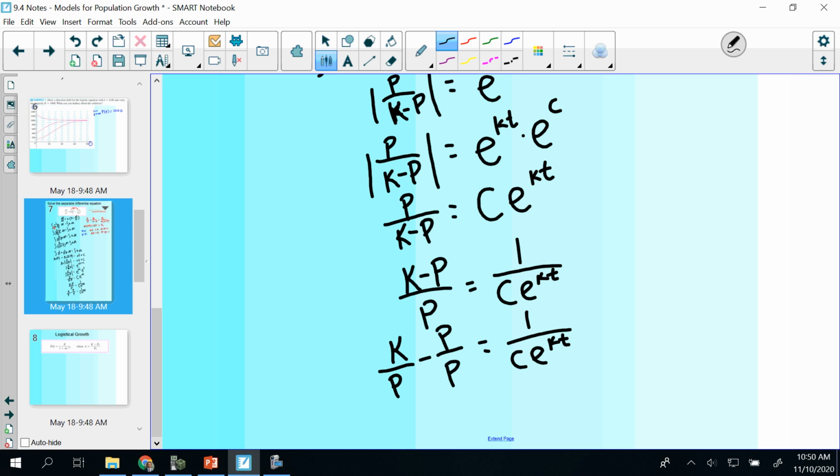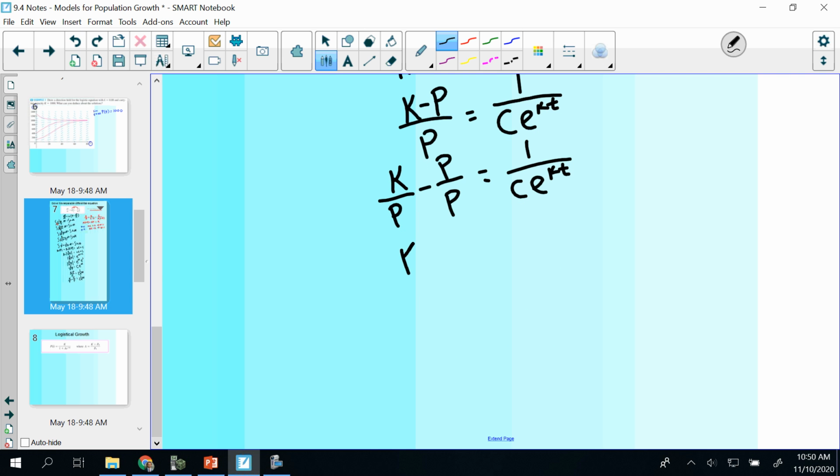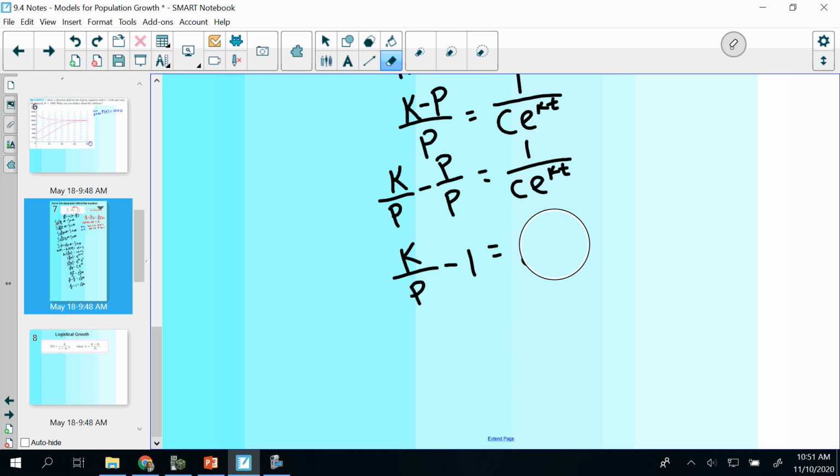If I simplify P over P, that's just the same as minus 1. Okay, now I'm going to add that 1. Well, actually, first I'm going to do something with the right side here.